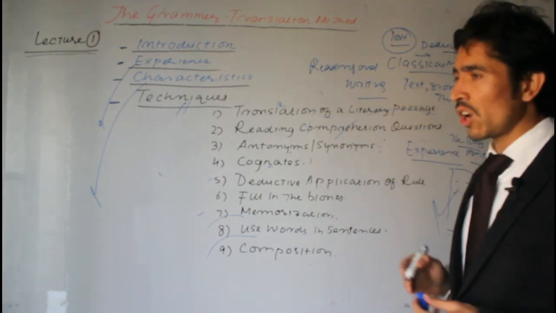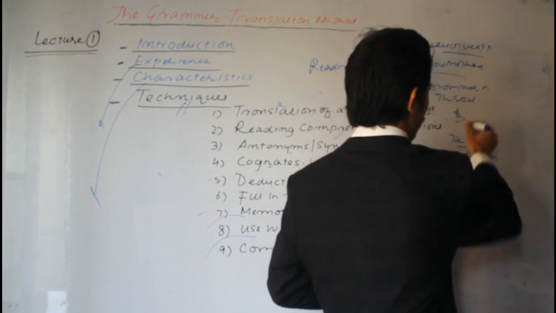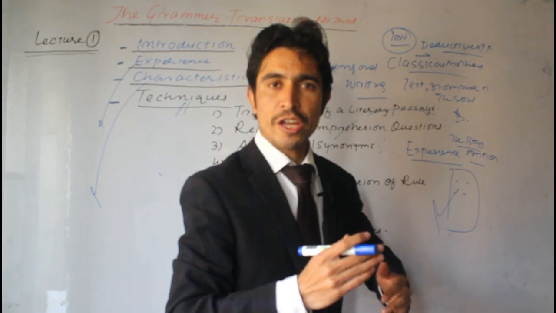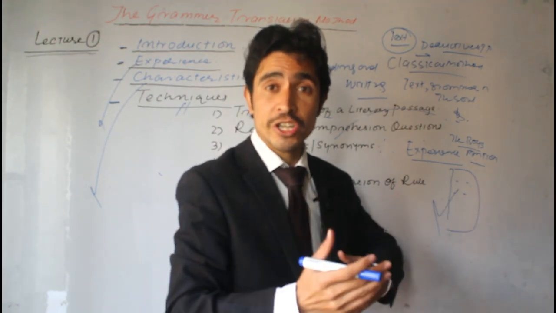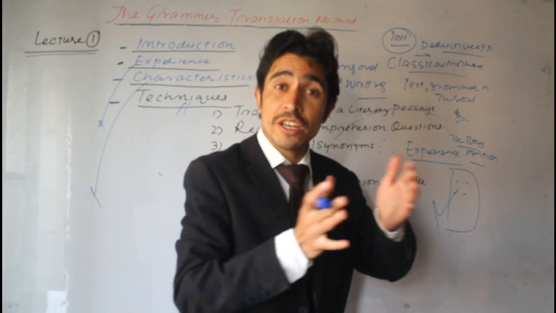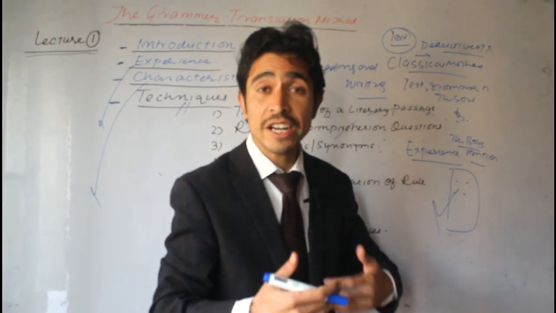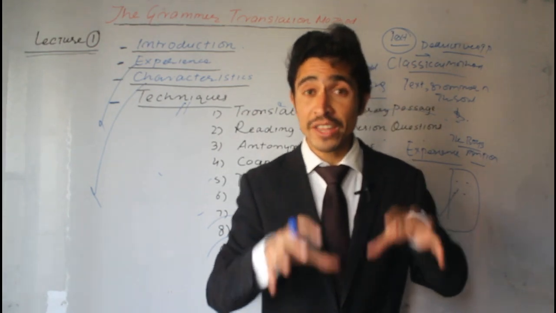The last one is that students are expected to attain a high level in translation, that they should translate the target language into their native language and the native language into the target language. So these are the characteristics of this method.